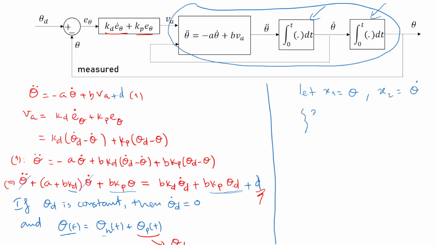Then h1 dot equals h2, and h2 dot equals minus a h1 plus b va. Then you can use an analytical method to solve it, and for sure you can, because this is a linear system, a linear model.